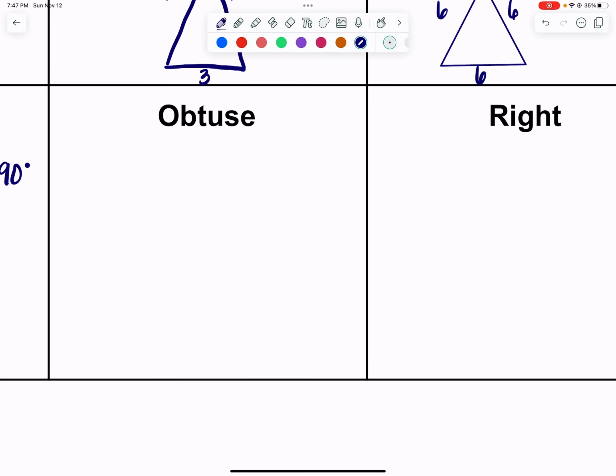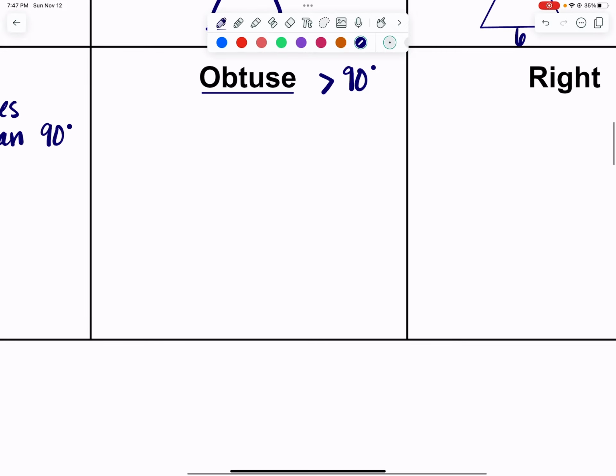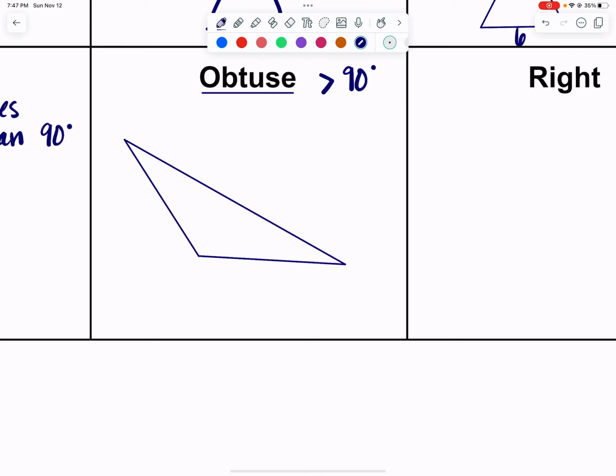In an obtuse triangle, remember that an obtuse angle is greater than 90 degrees, not greater than or equal to, but strictly greater than 90 degrees. So we need one big fat angle that is bigger than 90 degrees. We will say that this is 160 degrees.